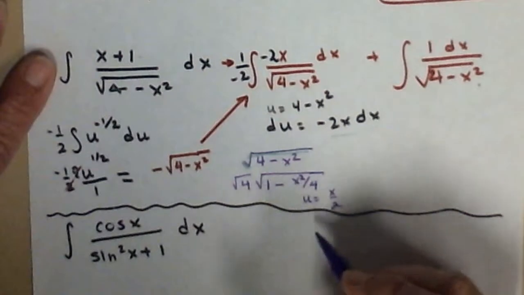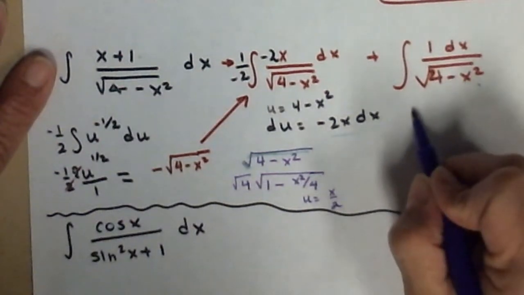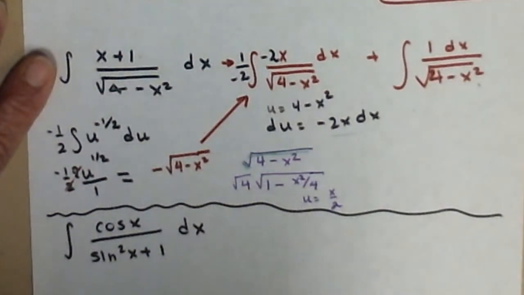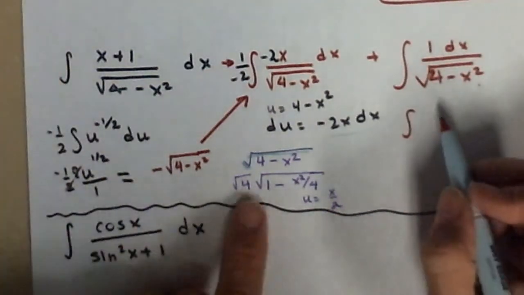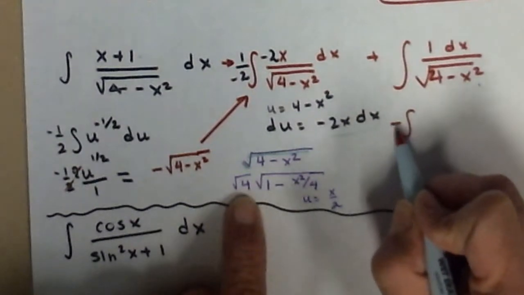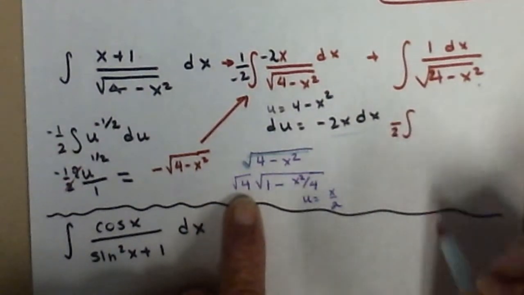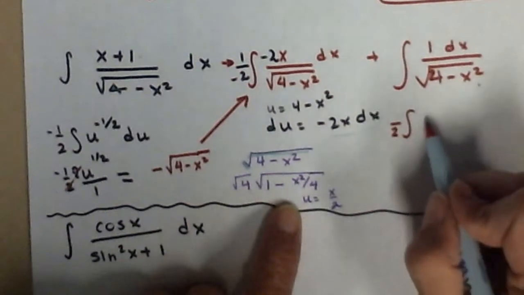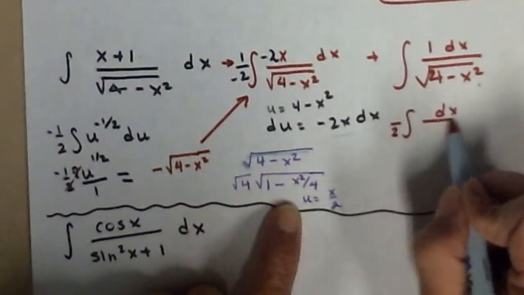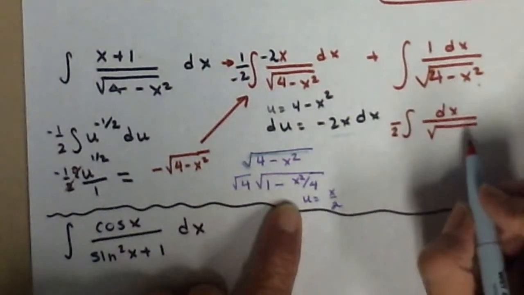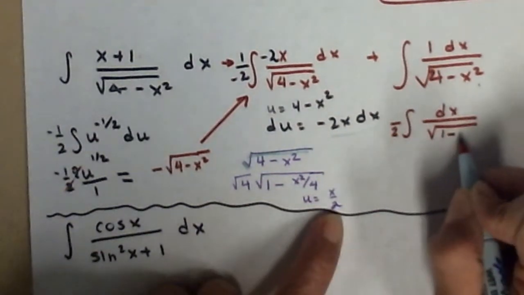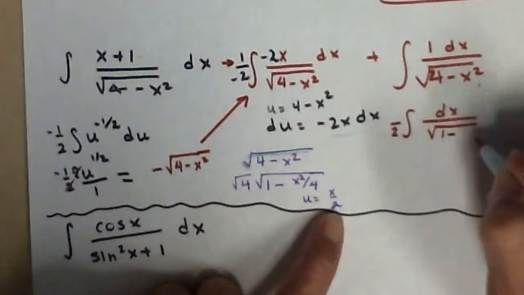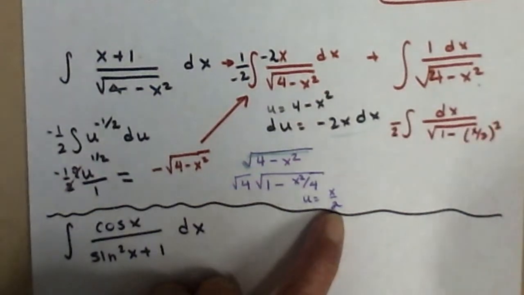Okay, so let's see if we can make all of that go together for this guy right here. So now I have, here I'll get my red back, the integral of, I have a radical 4 out front under the bottom, so 1/2. I have dx on top still. Underneath I've got 1 minus x over 2 squared.